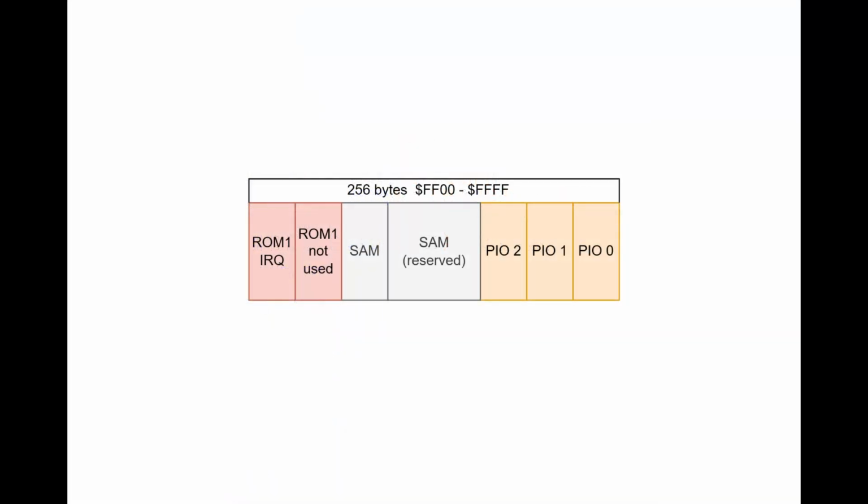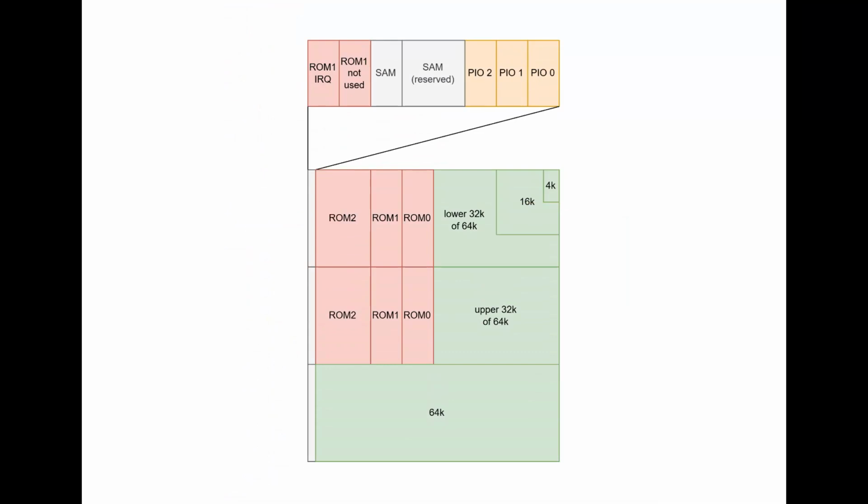In addition to the SAM itself, there are 3 different ROM slots, although they could equally be RAM or I/O devices. 3 different peripheral I/O devices, each with 32 bytes of address space, and finally the system RAM. The PIO and SAM blocks are always respected, and the last 16 bytes of the address space will always be directed to ROM block 1, but the choice of RAM or ROM is otherwise governed by how the SAM has been set to operate.